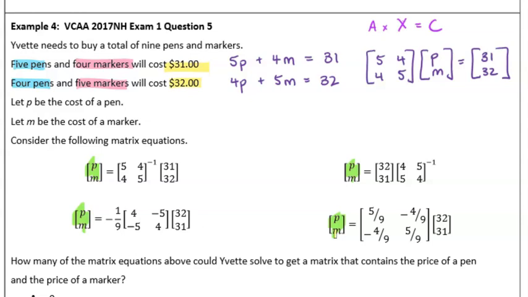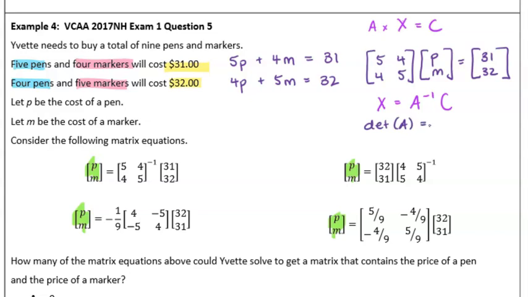So remember, in order to get PM on its own, we would have to take the inverse of our pronumeral matrix across, so the inverse of A. Now we would need to check what our inverse is before we can eliminate any of those options there. And it might actually be quick and easy to actually get what the determinant is of that matrix.